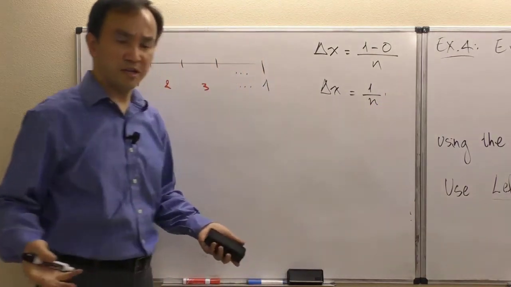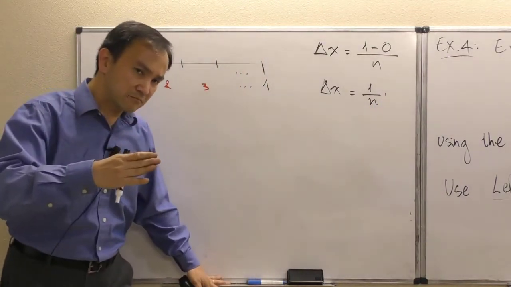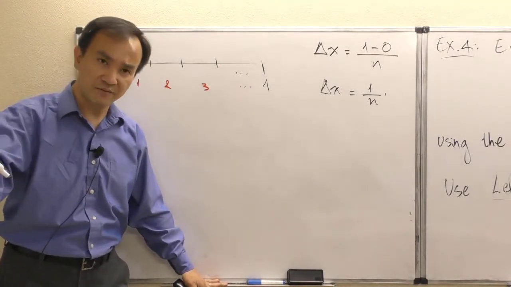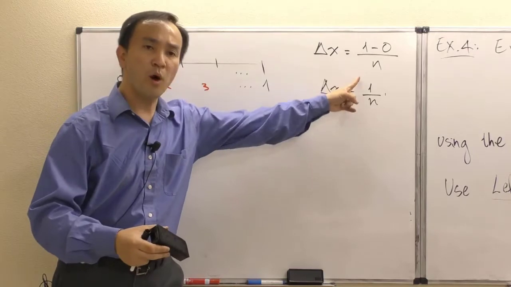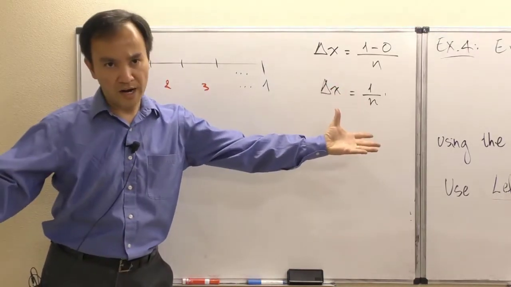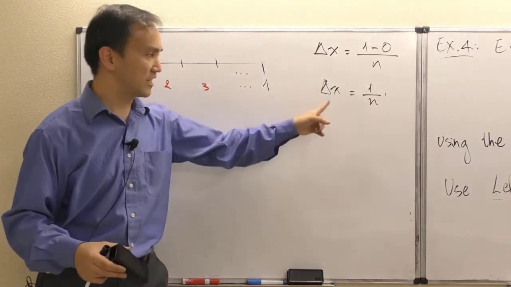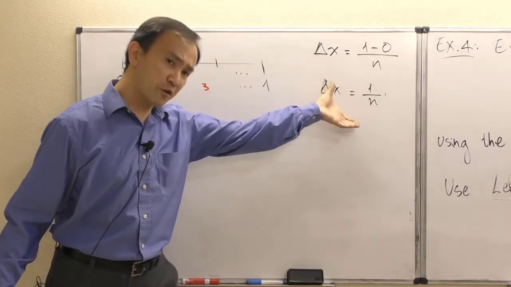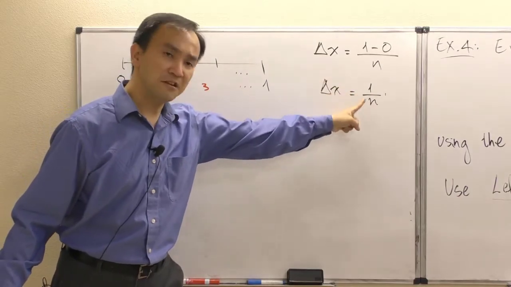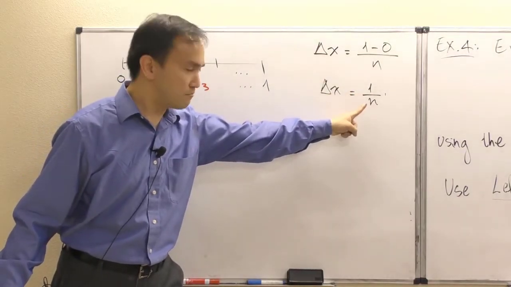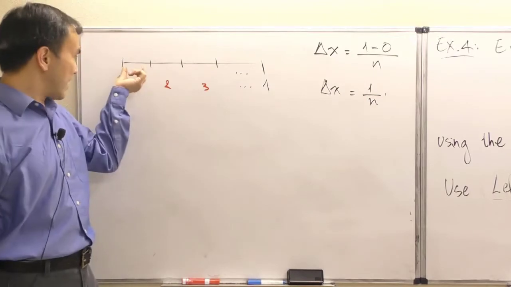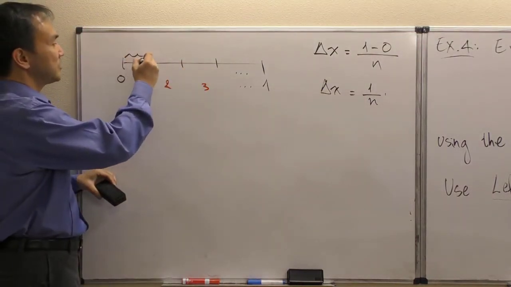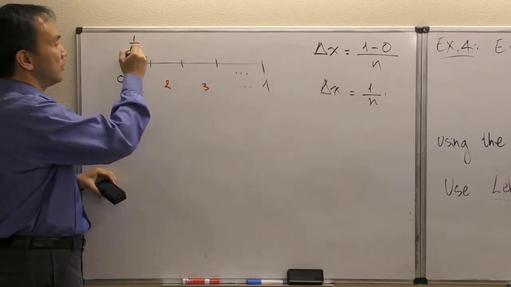Think about it. If we go back to the beginning Riemann sum problem that I introduced, and we stay with 4 subintervals, then delta x is 1/4. If we stay with 100 subintervals, then delta x would be 1 over 100. It all depends. But generally speaking, at any designated number of subintervals, each delta x, each space here, is a 1 over n space.